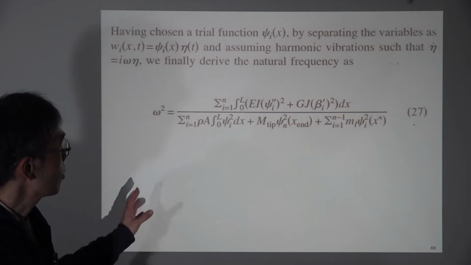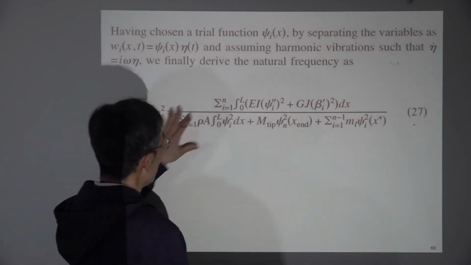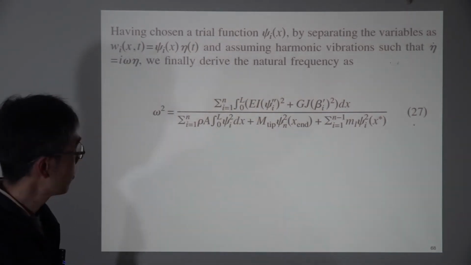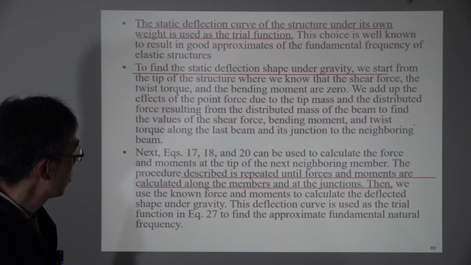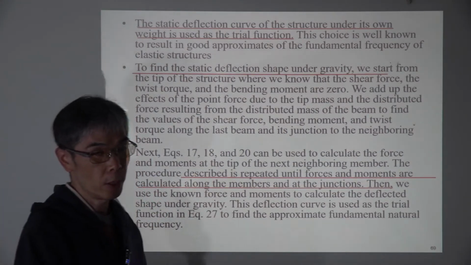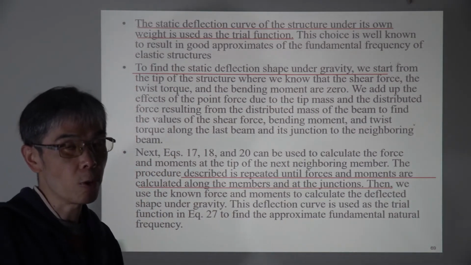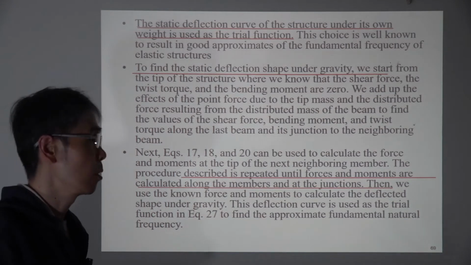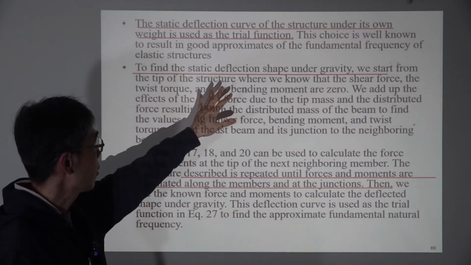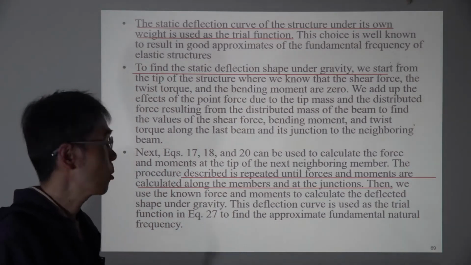Then we can use the energy method to derive the natural frequency here. We need a trial function to use the Rayleigh method to solve for the solution. Usually we use the static deflection shape under gravity as a trial function.